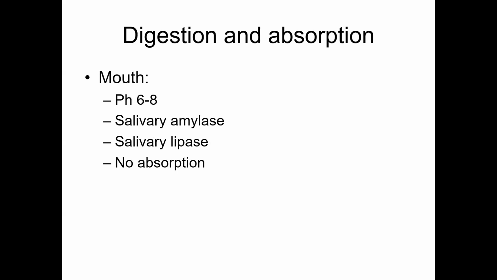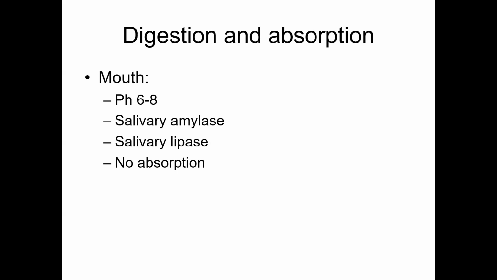If we start from the mouth, we talk about digestion and absorption in the GI tract: mouth, esophagus, stomach, small intestine, large intestine. We'll talk about these processes in each location.